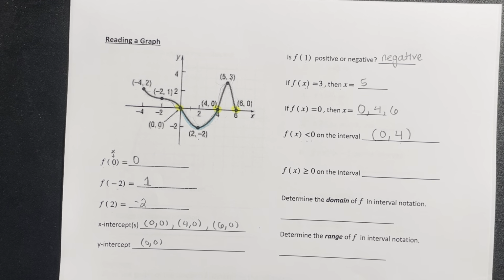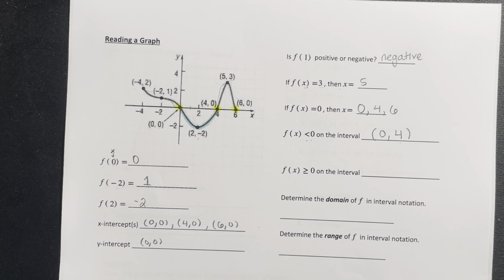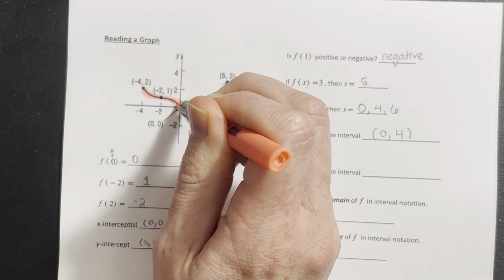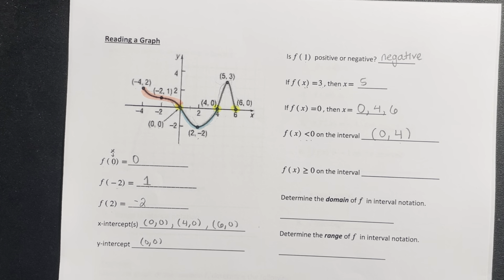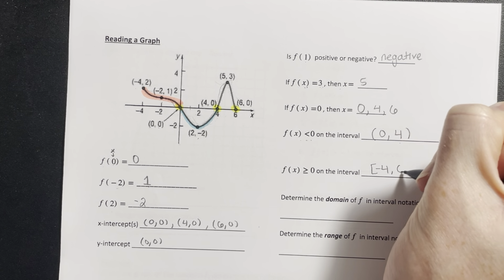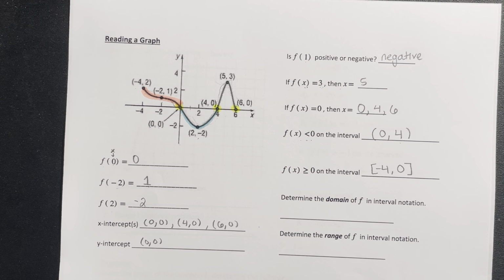So then the next question does include when the function is equal to 0. We're looking at when it's greater than or equal to 0. Well, the function starts out greater than 0. So there is a section that is greater than or equal to 0 from negative 4 all the way to 0. And notice I did include the brackets on this one.